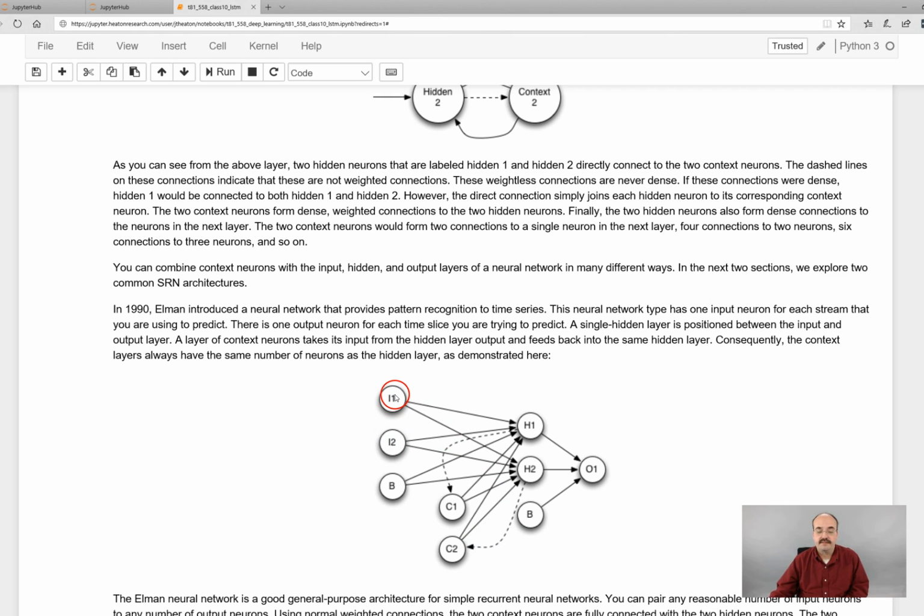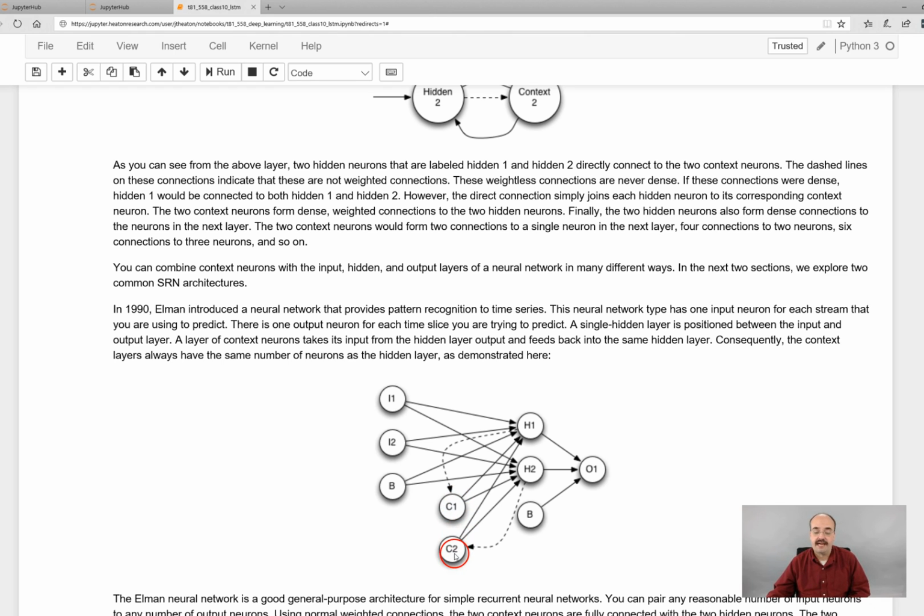So the input is fed forward, flowing through this neural network, going through the two hidden neurons into the output. However, what hidden 1 and hidden 2 output are normally the weighted sum that goes into the output neuron, but the values from here and here, literally right after they pass through the activation function on each of these two neurons, are copied to context 1 and context 2. They're not weighted in any way.